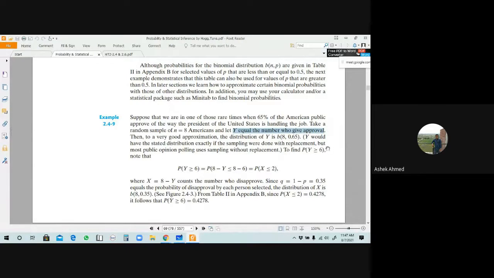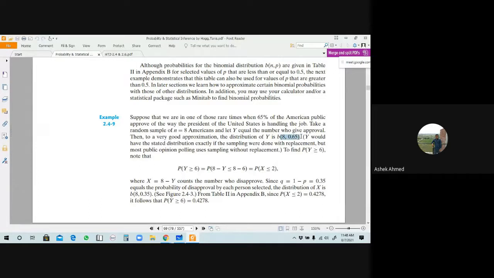Y equals the number who give approval. We select one person at a time, and y represents the number of people who approve this opinion. Okay, from here we can say that the distribution of y will be binomial, b of 8, 0.65.